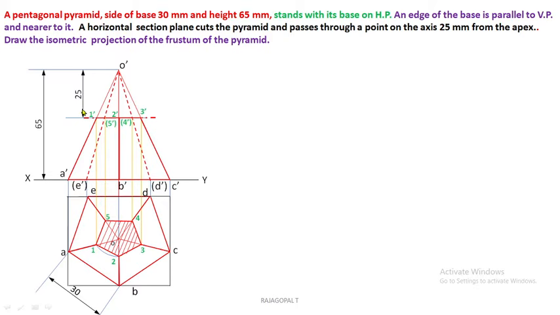Here this frustum solid, after the removed portion, I will get one more pentagon, this small pentagon in the top view. So for that we are going to consider this as a prism where we are having top face as well as bottom face. It will be easy for us to solve during the isometric projection.